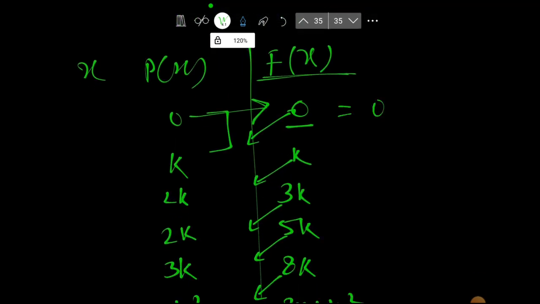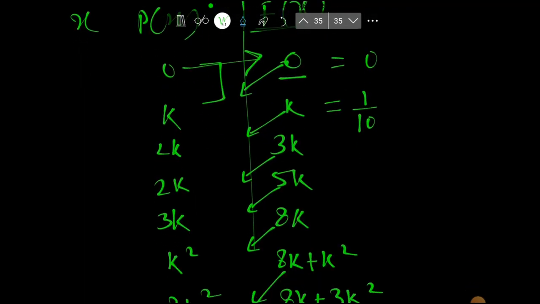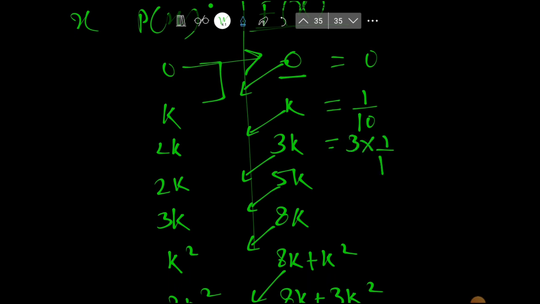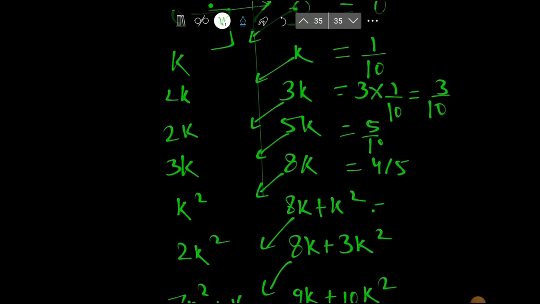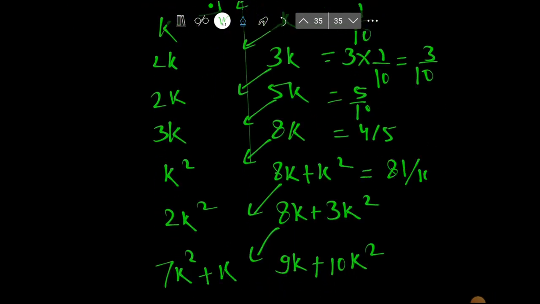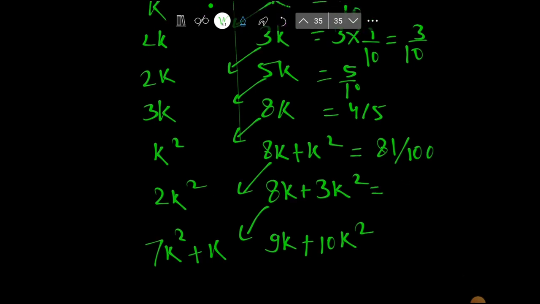Now when we put the value of k, 1 by 10, we get 3 by 10, 5 by 10, 4 by 5. You can calculate the values simply by putting in the value of k.